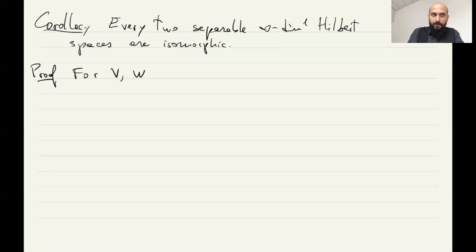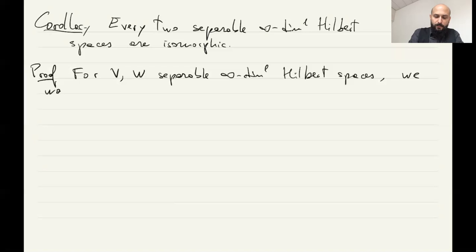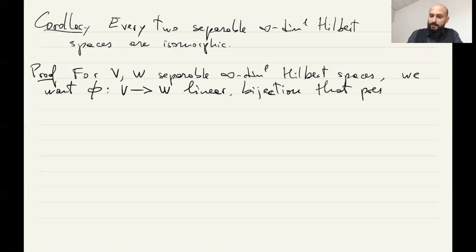Okay, for V and W, separable infinite dimensional Hilbert spaces, we want to prove, or we want to construct, a map phi from V to W that is linear, that is a bijection, and preserves the scalar product.